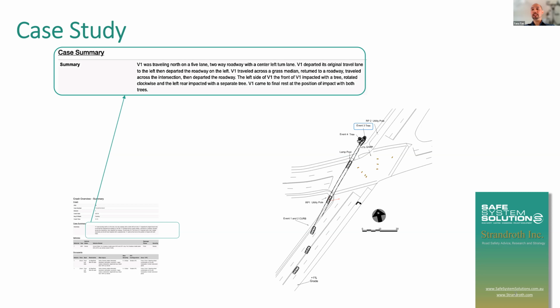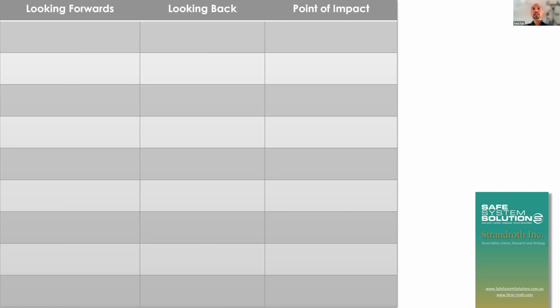And then they've also indicated where events 3 and 4 occurred, which is the vehicle impacting the tree. They've also used a second reference point, a utility pole, and indicated this here as well. Again, this can be very important when you're reconstructing the scene and understanding distances between reference points and items of interest. Okay, so that's an overview of a good scene diagram.